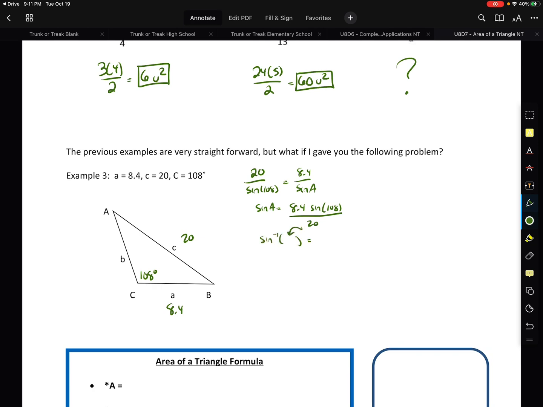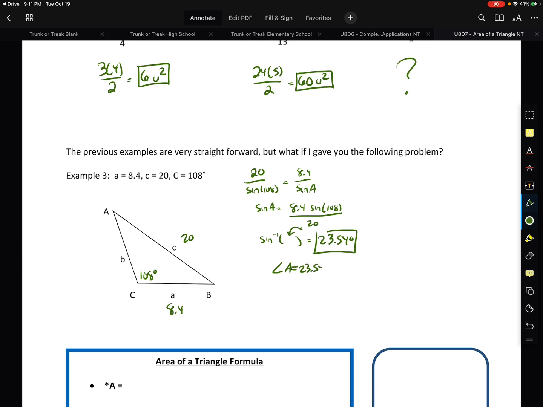We do the inverse of this number and we get our angle. Where'd my calculator go? All right, 8.4 sine 108 divided by 20. Inverse of that, and we get our angle to be 23.54 degrees.